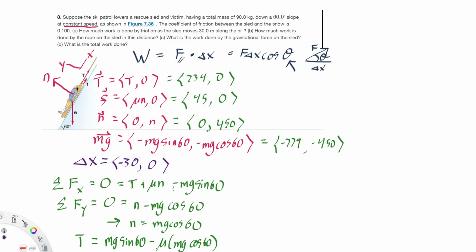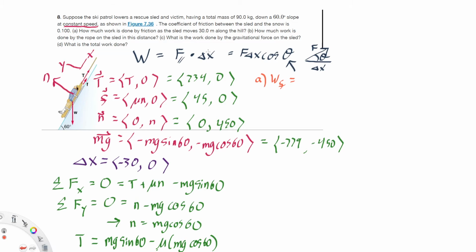Okay, I added the negative sign on the delta x because I realized we're going down the hill in this problem. So far this is all chapter 5 stuff. Now that we have all this, we can do work. So the work done by friction is this 45, right?